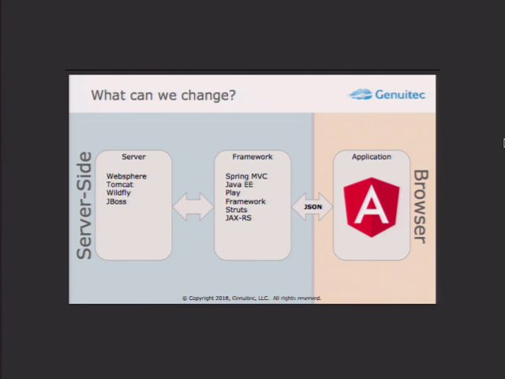OK, but Angular is not the only technology on the market which we can put there. But why did we choose Angular in this case? The first thing is that it's basically amazing, the simplicity of creating rich, modern applications.